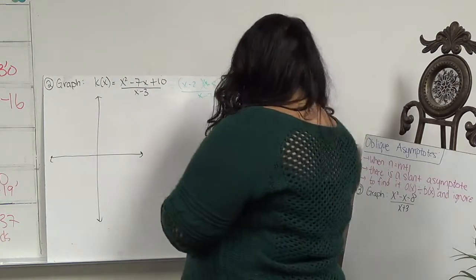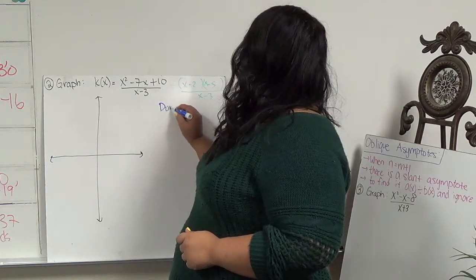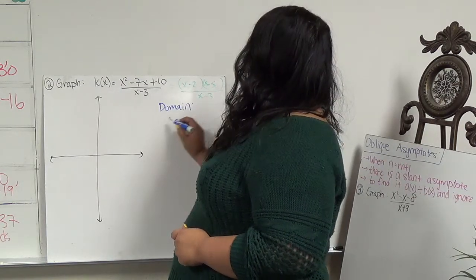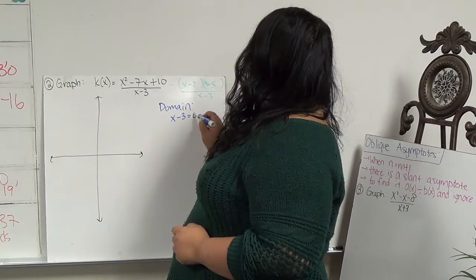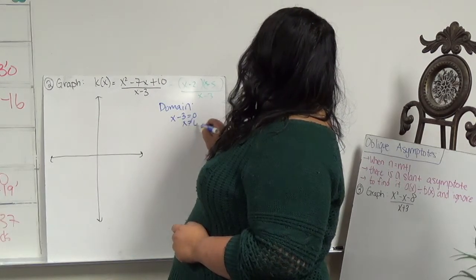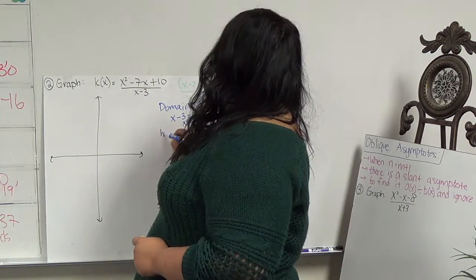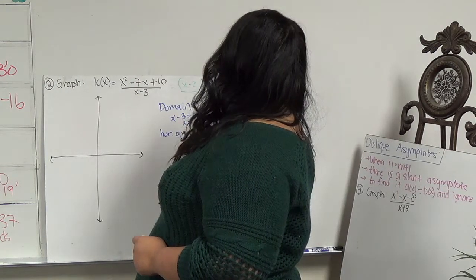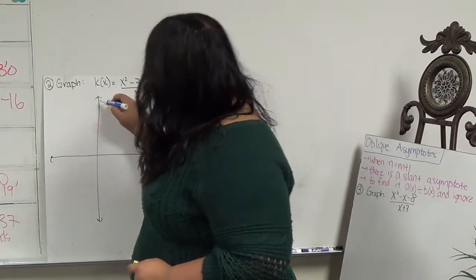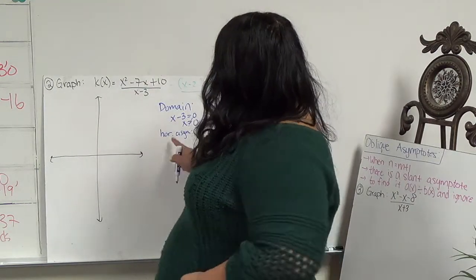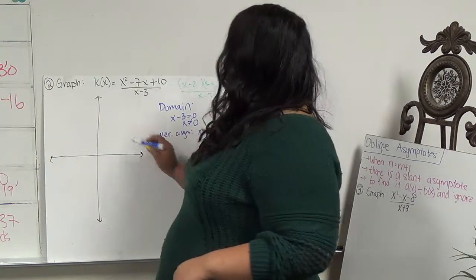Find the domain. Now the domain is when the denominator x minus 3 equals 0, so x cannot equal 3. So that means the first asymptote, the vertical asymptote, is x equals 3.